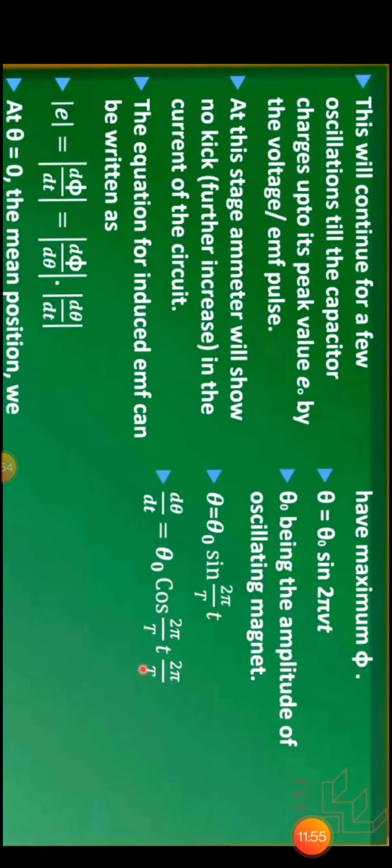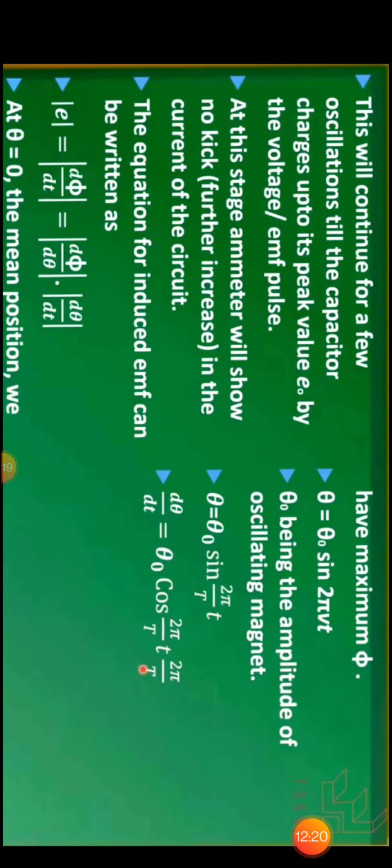The equation for induced EMF can be written as mod of E is equal to mod of dφ by dt, which is equal to dφ upon dθ into dθ upon dt, in mod.